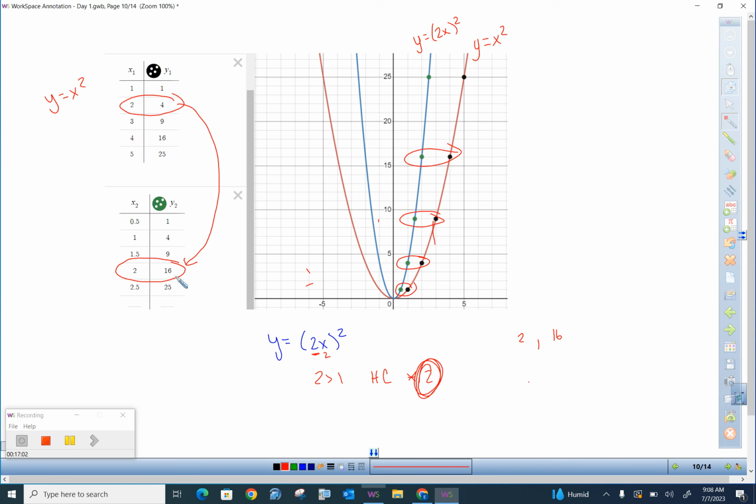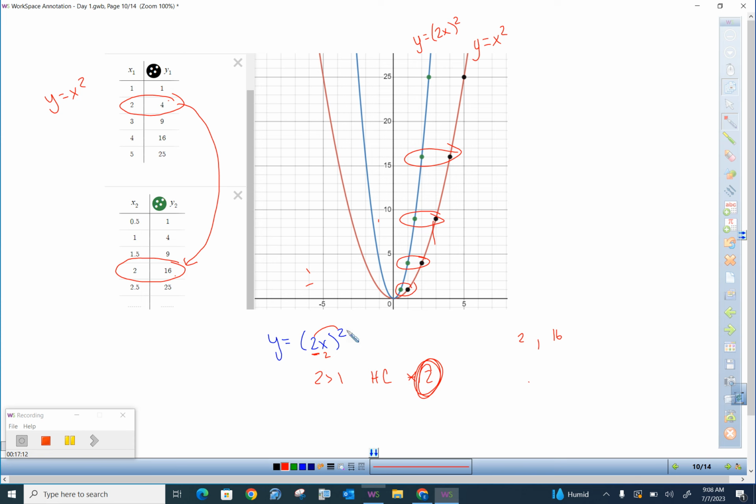It was vertically stretched by a factor of 4 instead, because the parent function, that 2, got squared. So to avoid having to worry about the parent function, we describe this as the horizontal change instead of the vertical change. And what you see is what you get, as long as you remember it does inverse, kind of like what we talked about on the last slide.